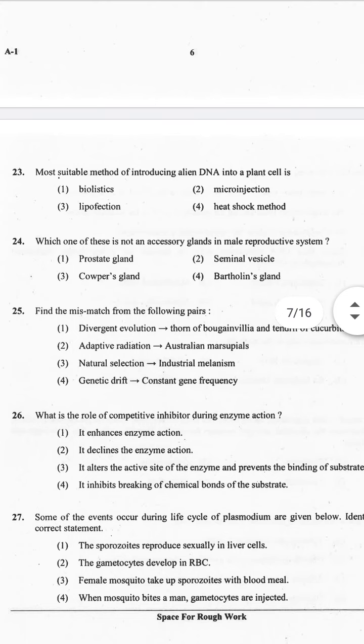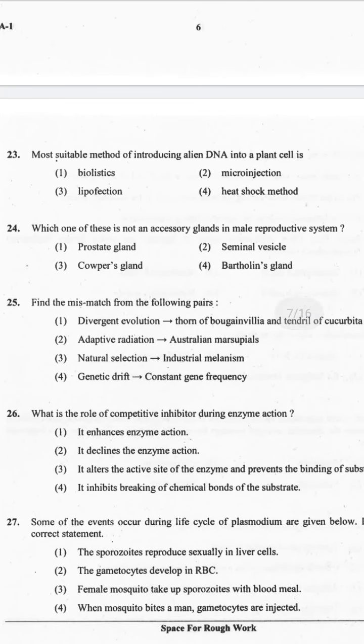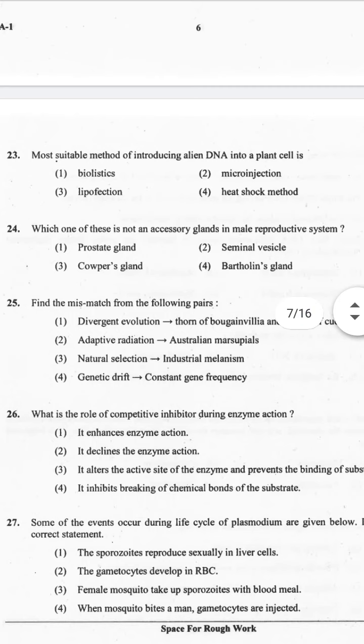So next question. Question number 23. The most suitable method of introducing alien DNA into plant cell is: 1, ballistics, 2, microinjection, 3, liposuction, 4, heat shock method. The correct answer is option 1. Let's see the explanation for this. Ballistics is a method for delivery of nucleic acid to cells by high speed particles.